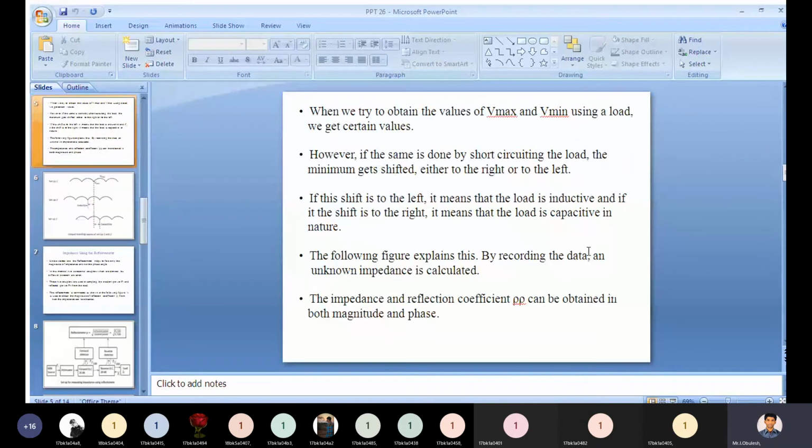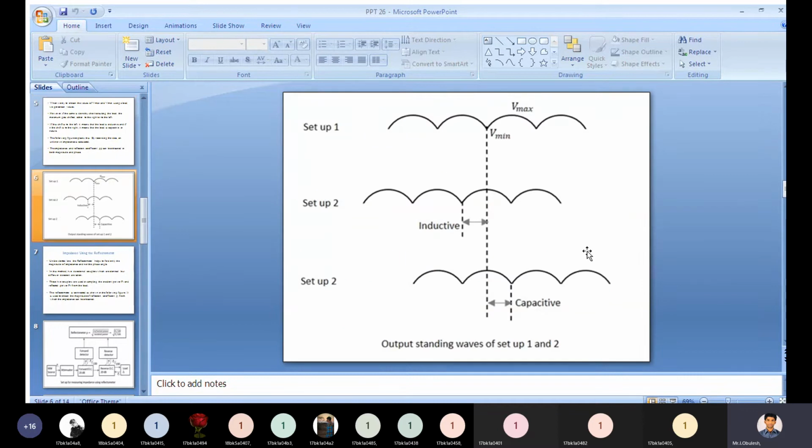Okay, after that, we try to obtain the V maximum and V minimum by using this load. What does setup 1 indicate?